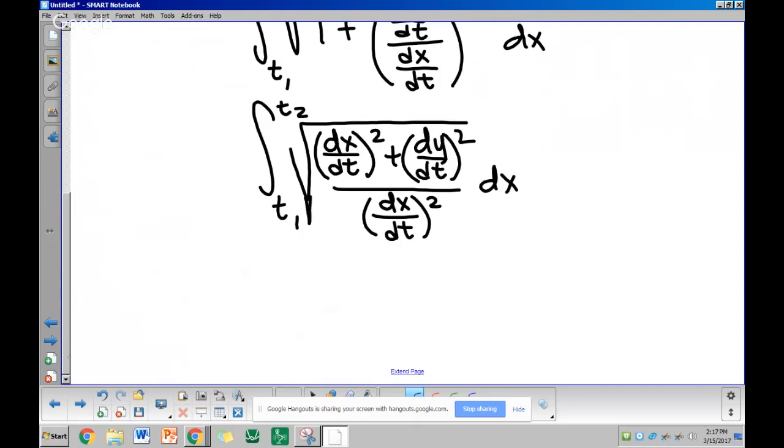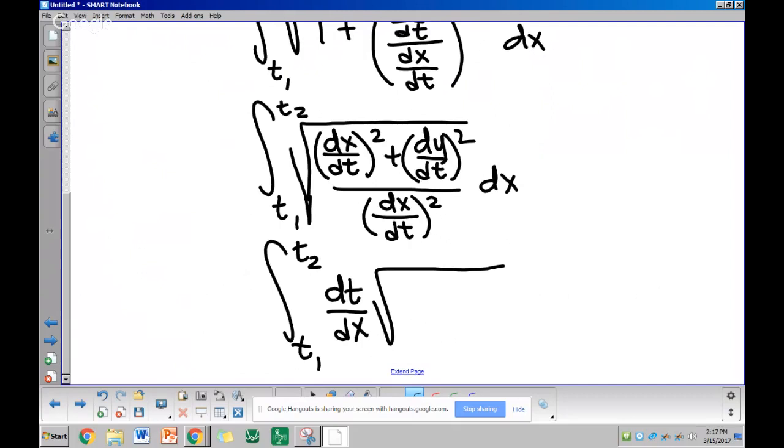So what happens? Can we take the square root of the denominator? We can. And then this would be dt over dx times the square root of (dx/dt) squared plus (dy/dt) squared, dx.